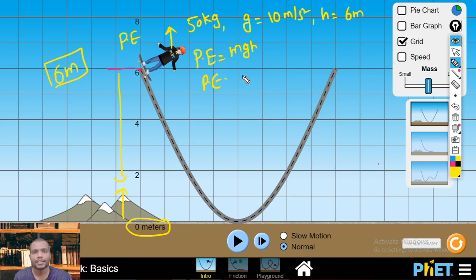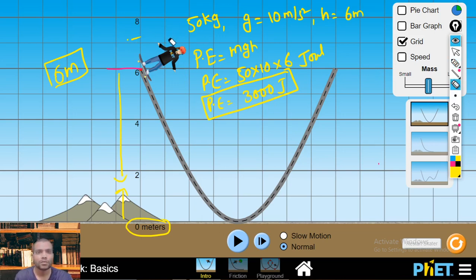So 50 times g of 10 times height 6. Energy units are joules. It becomes 500 times 6, which is 3000 joules. So the skater has 3000 joules of energy.